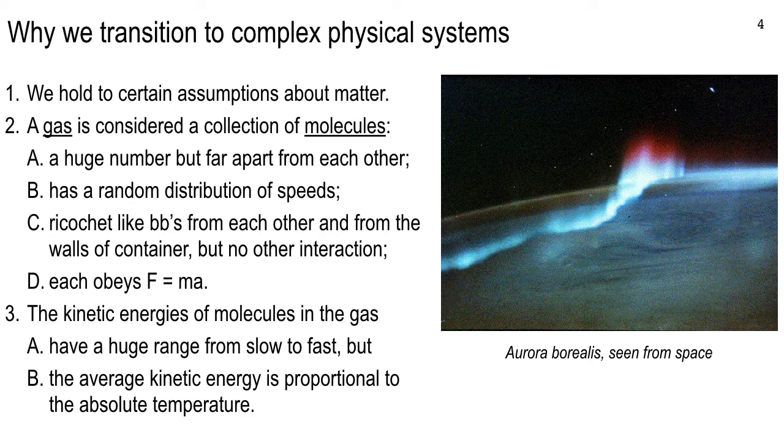The reason that we try to figure out these systems is we have this set of assumptions about matter. First of all, a gas is considered a collection of molecules. Helium is single atoms, oxygen is diatomic molecules, nitrogen is diatomic molecules, neon is monatomic.